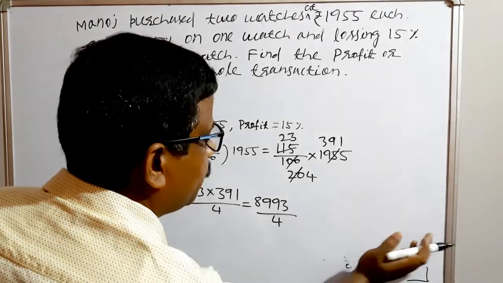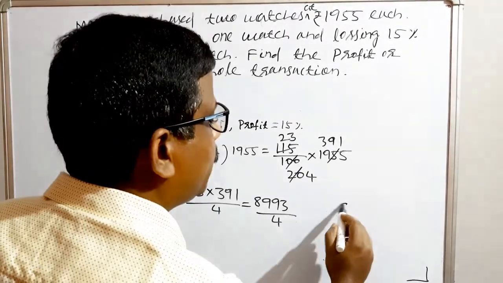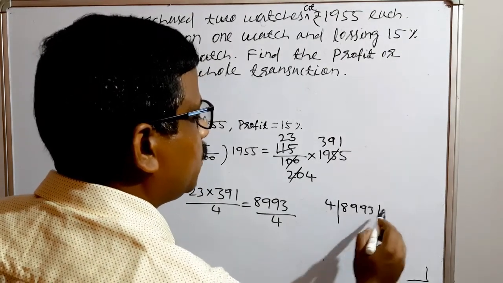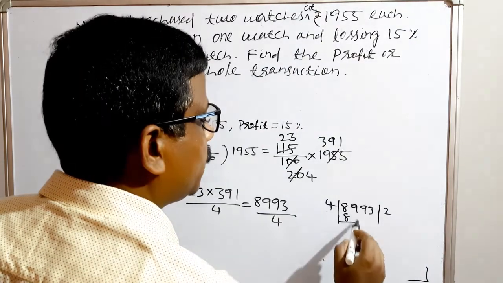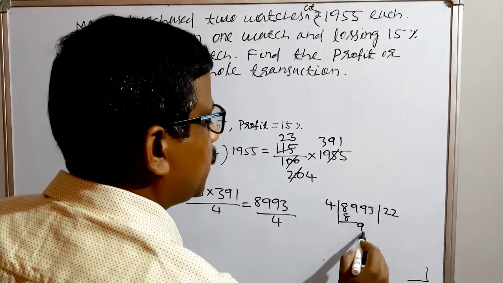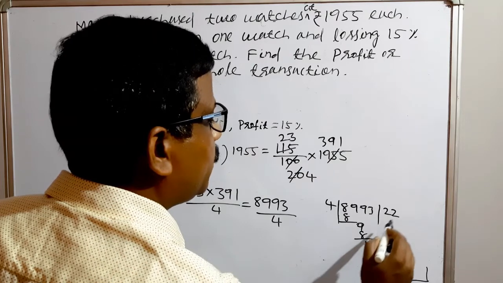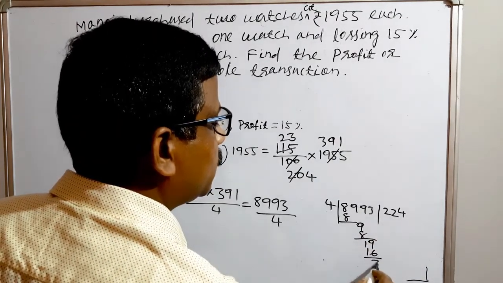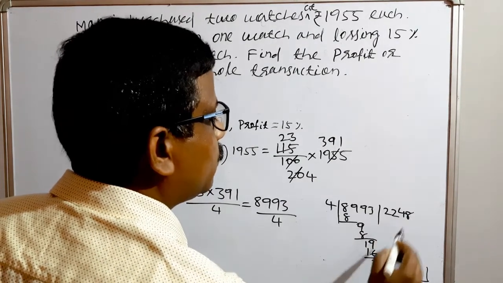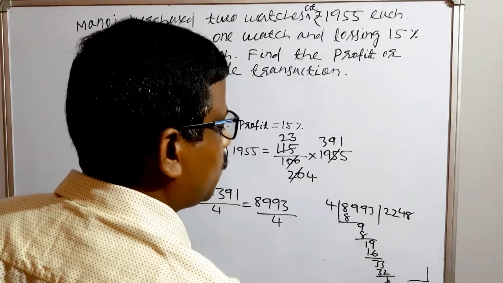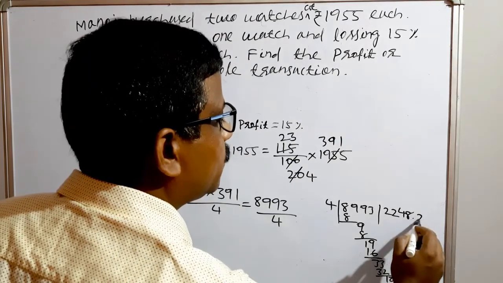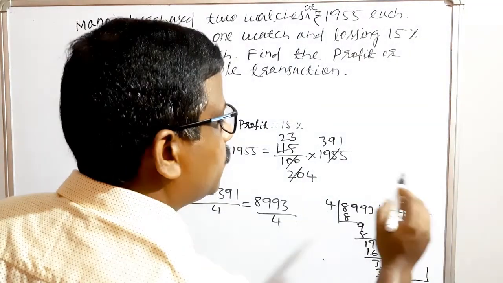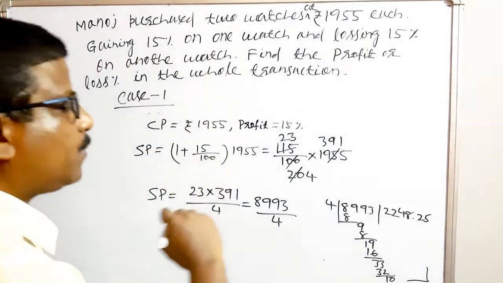Now we have to divide. 8993 divided by 4 gives 2248.25.